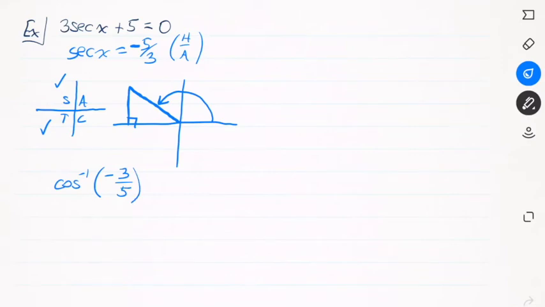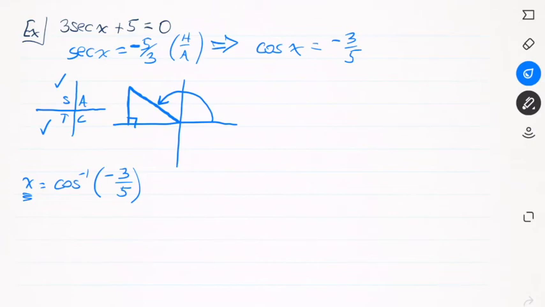So secant of x equals negative 5/3 is the same thing as cosine of x equals negative 3/5. Then when I take cosine inverse of both sides, I'll get x by itself. Sometimes it's easier to get away from the secondary trig functions to the main trig functions, the reciprocals.